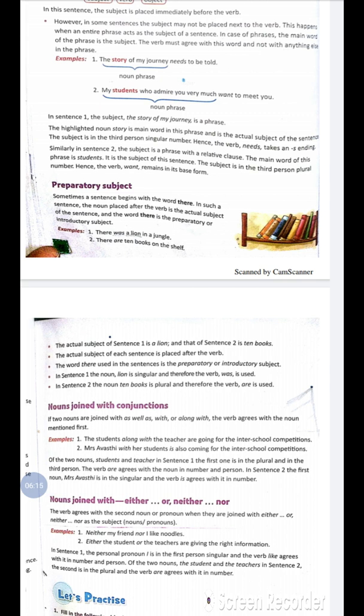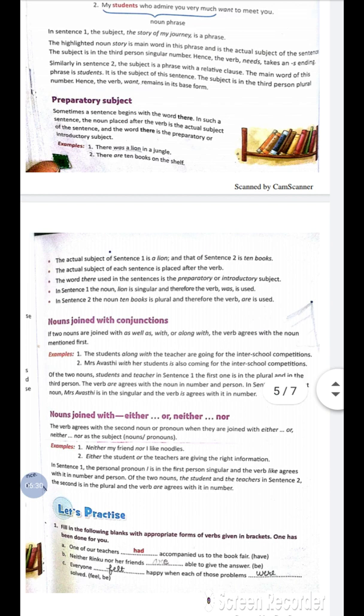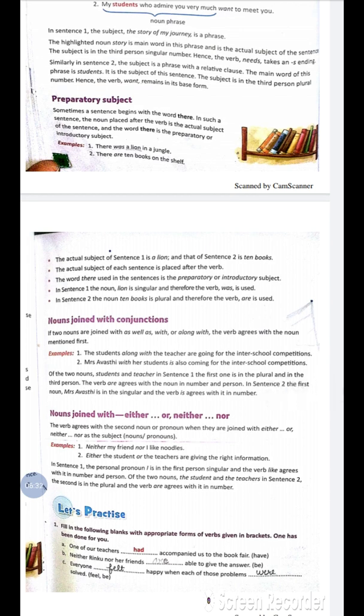Next is nouns joined with conjunctions. If two nouns are joined with as well as or along with, the verb agrees with the noun mentioned first. Okay, nouns joined with either or, neither nor. The verb agrees with the second noun or pronoun when they are joined with either or, neither nor as the subject nouns or pronouns.